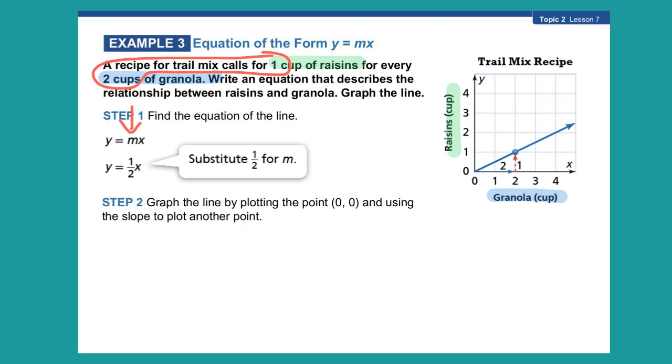So they did y equals 1/2x, and then to graph that, you're always going to start at (0, 0) for a proportional graph. You go up 1/2, make a dot. Up 1/2, make a dot. And then keep going until you can connect your dots.